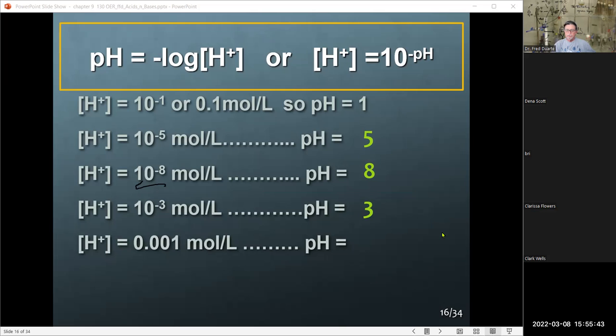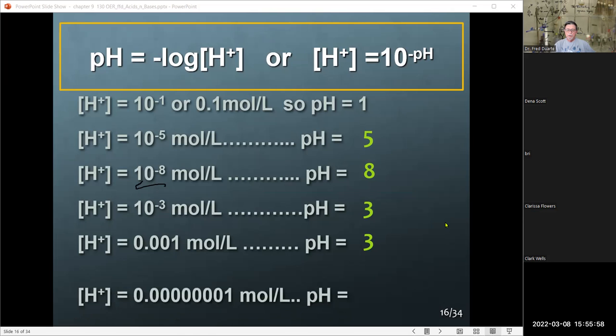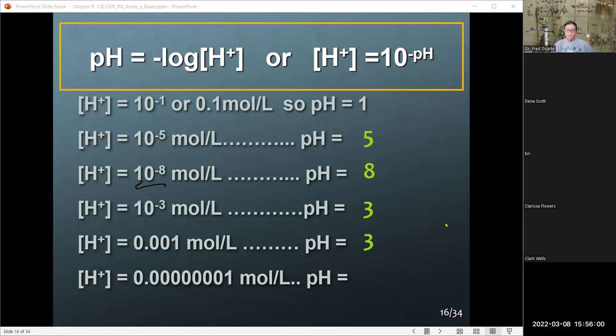You can either get the decimal number, 0.001, and you can convert that to scientific notation, which would be 10 to the -3, which is the same as what we just did here. And then this one here again, which is 10 to the -8, which is a pH of 8. Again, very alkaline.